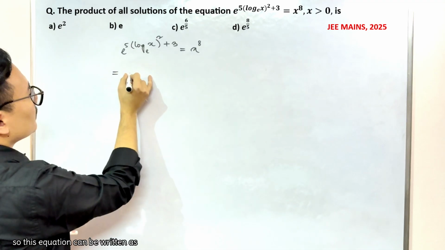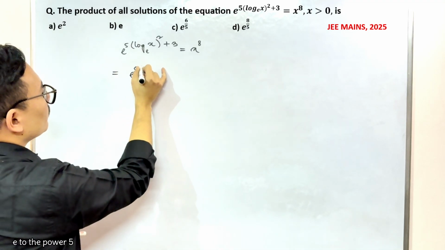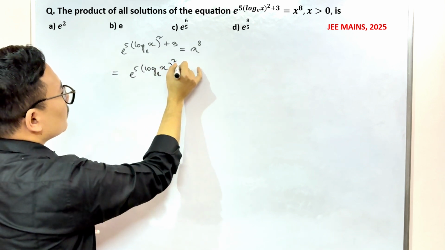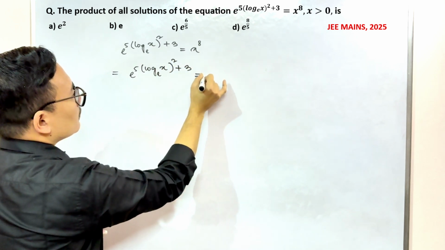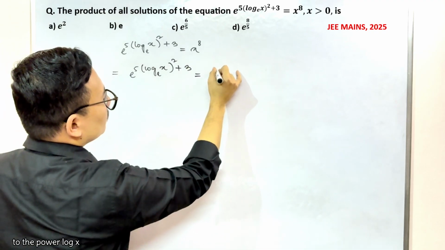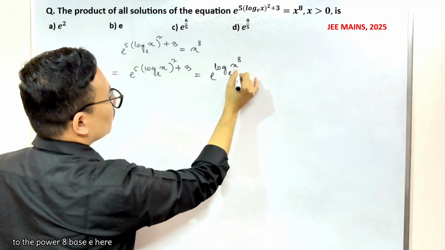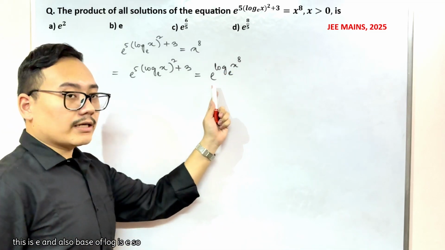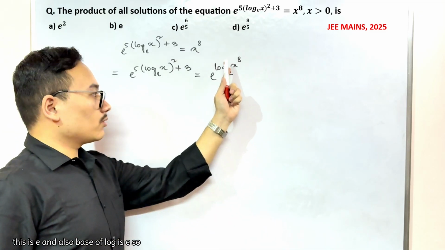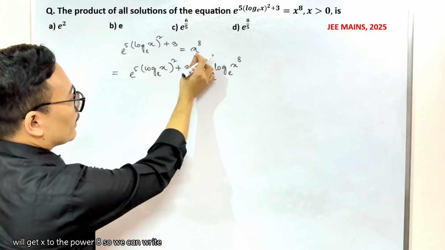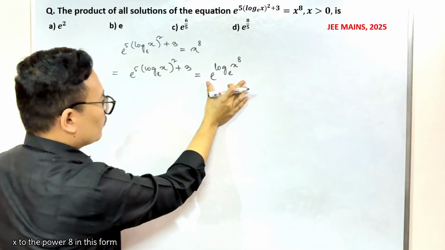So this equation can be written as e to the power 5 log x, which is equal to e to the power log x to the power 8 base e. Here the base is e, and the base of log is also e, so this can be cancelled out and we will get x to the power 8. So we can write x to the power 8 in this form.